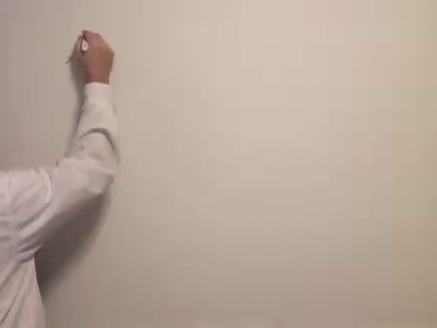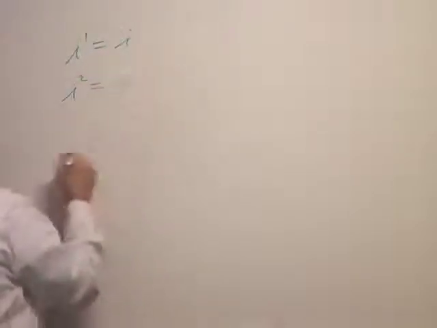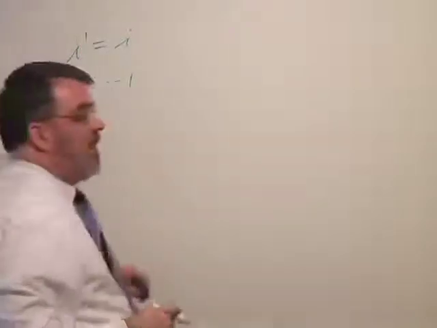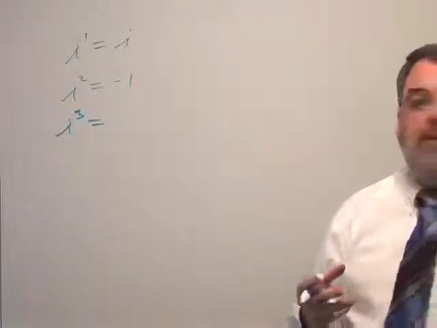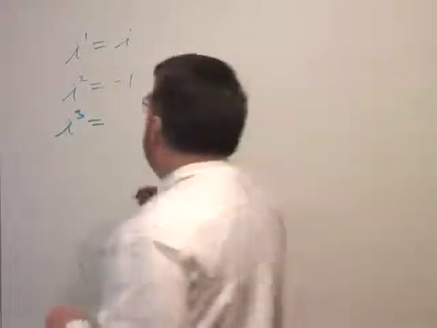And so, if we look at this and say, well, okay, now i to the first power is i, i squared is negative 1. What would i cubed be? Well, i cubed would be i squared times i, which is negative 1 times i. It would be negative i.